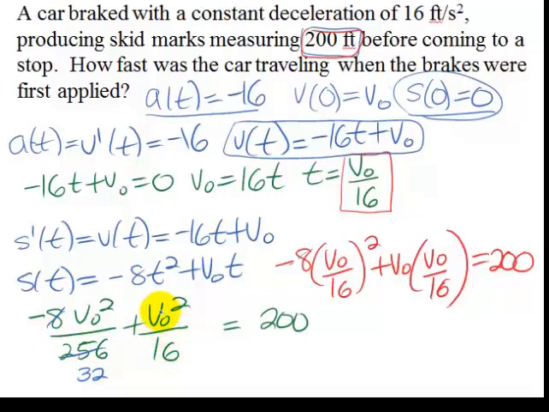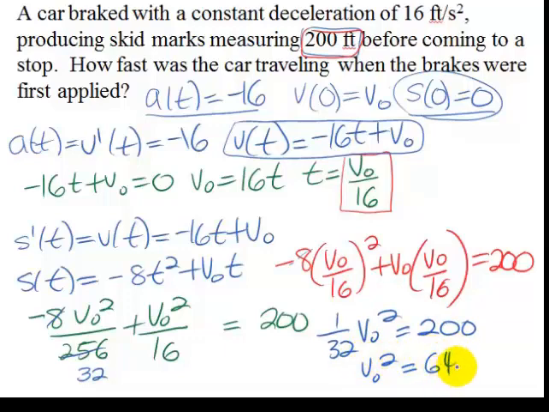That is 2/32 minus 1/32. So we have 1/32 v naught squared equals 200. V naught squared equals 6,400. If we square root that, our initial velocity is 80, and our units were feet per second.